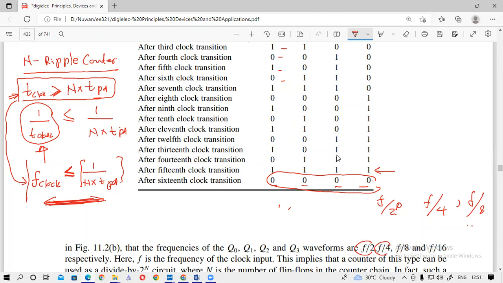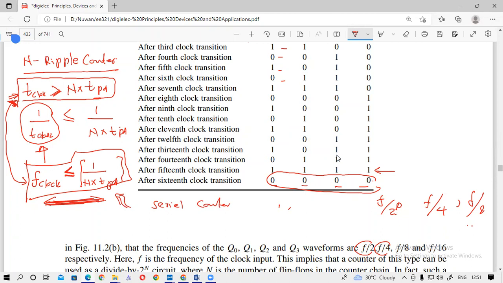So please try to understand this using this identity, which you can easily understand. This is one condition related with the serial or ripple counter, and you should understand that.